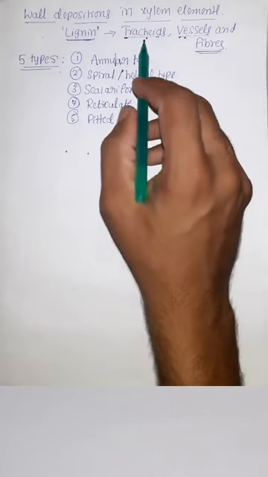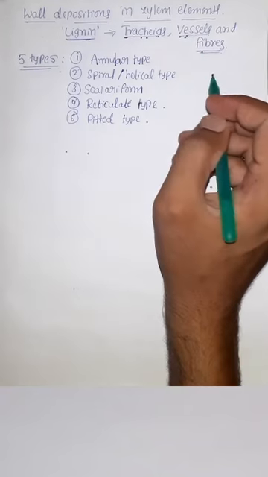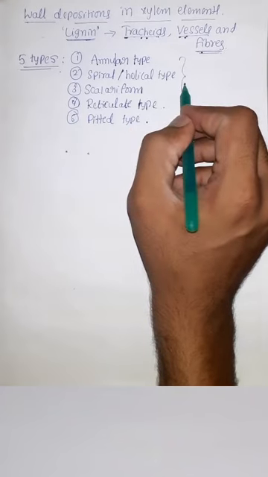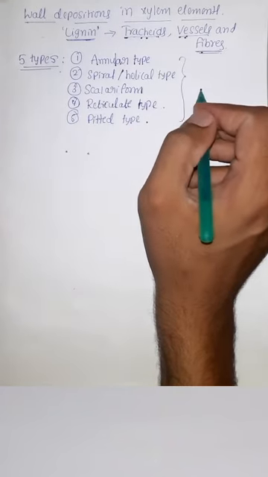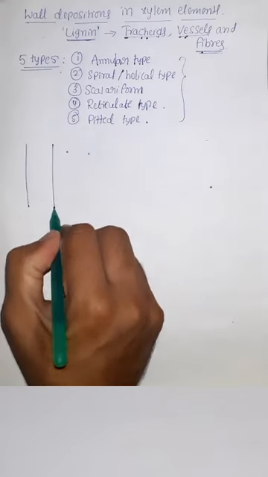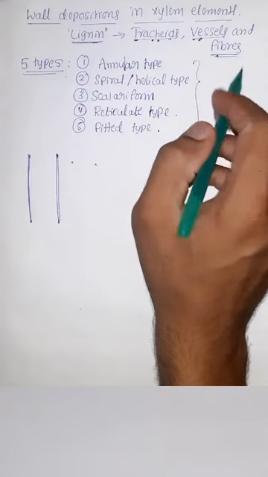Whether in case of tracheids, vessels or fibers, we can see five types of lignin secondary wall depositions. For example, this is a wall of a tracheid or vessel or fiber.